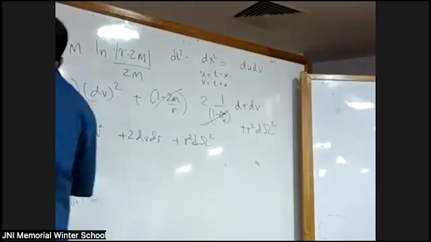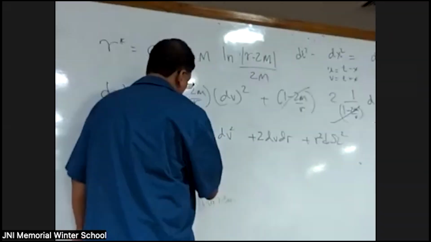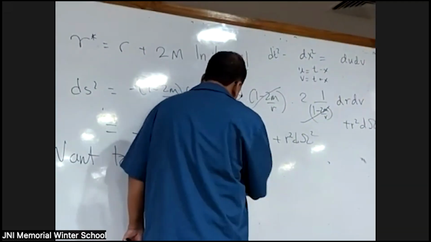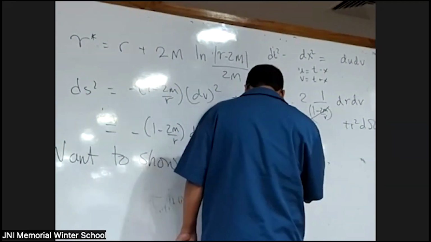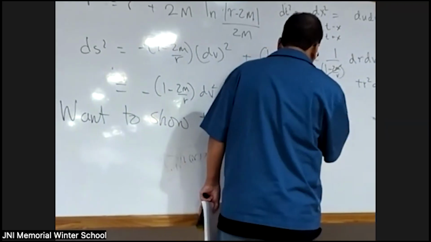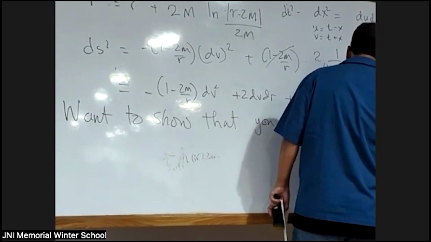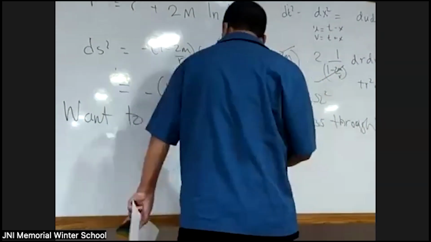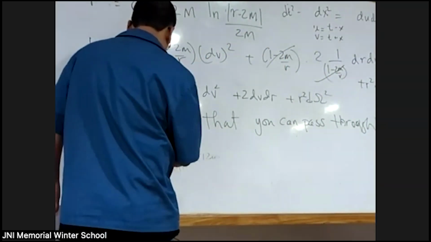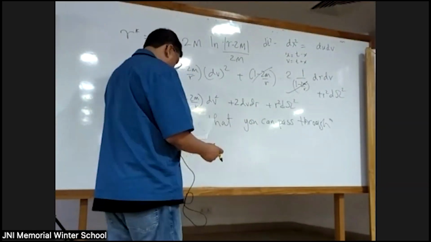Anyhow, so we want to show that you can pass through r equals 2m.